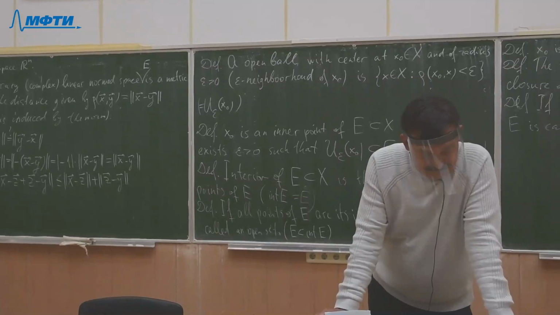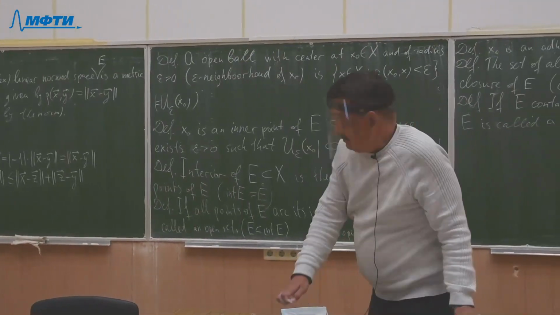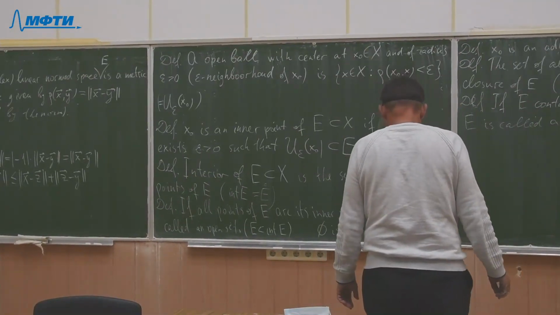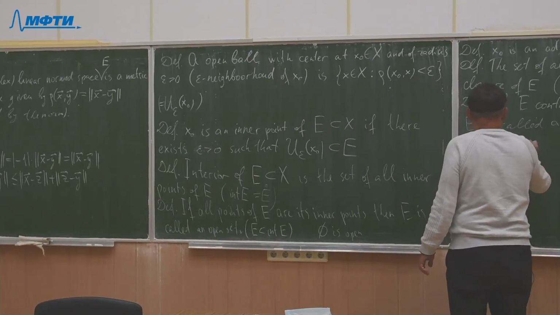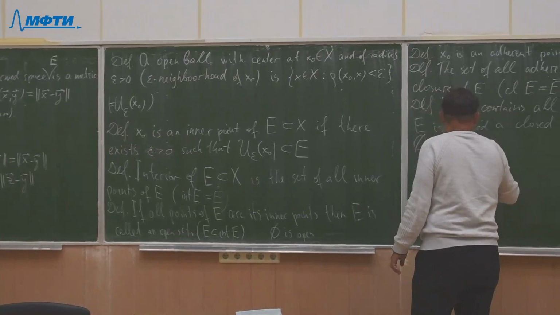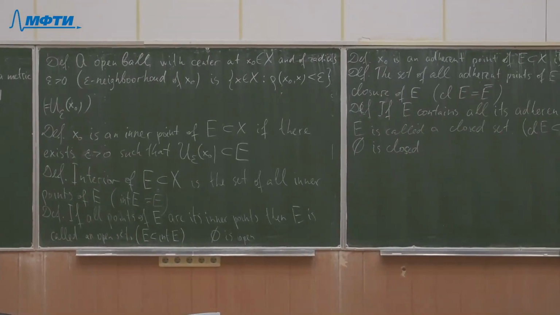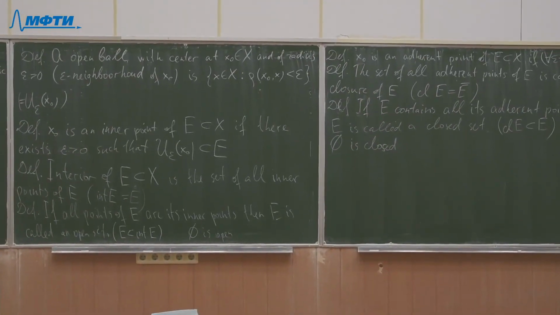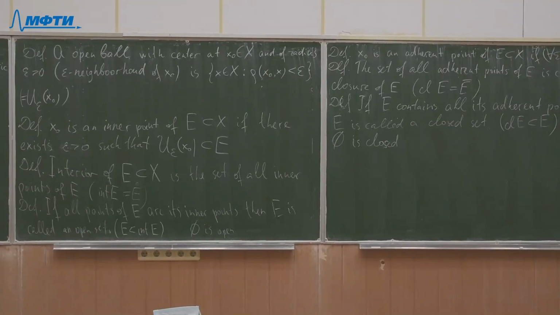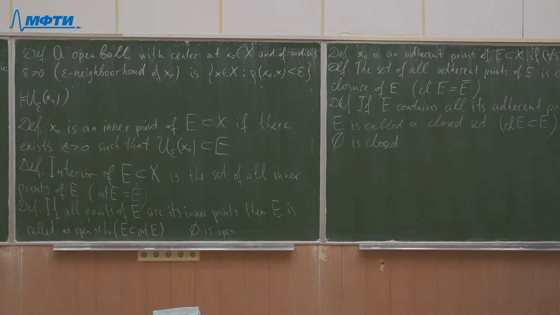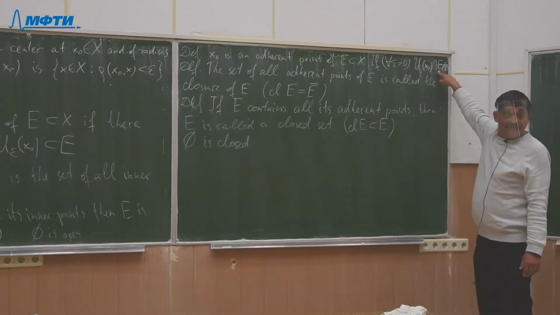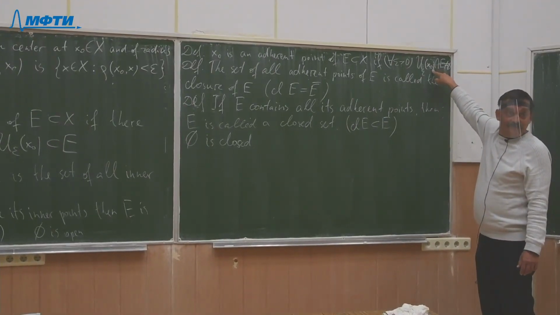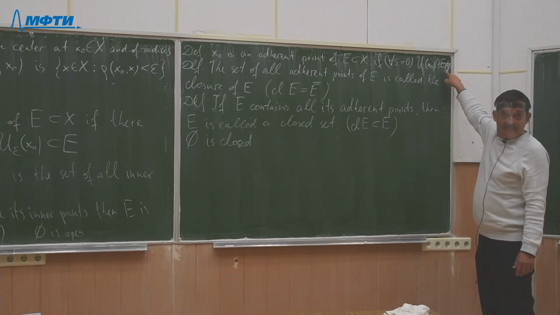Okay. Yeah, once again, empty set is closed. Why? Because, look, if you take as E an empty set, then you have here empty set always, right?